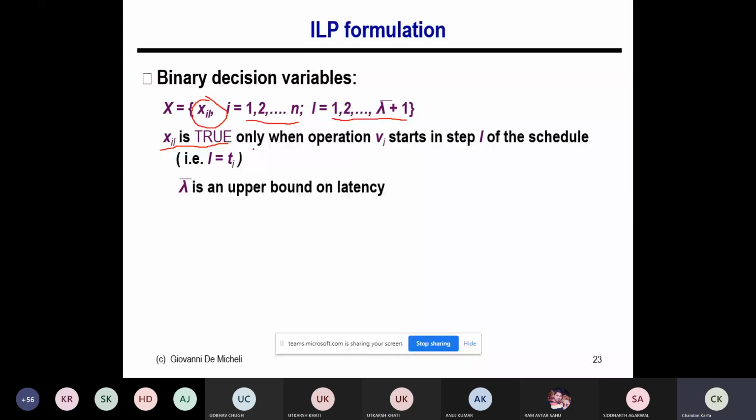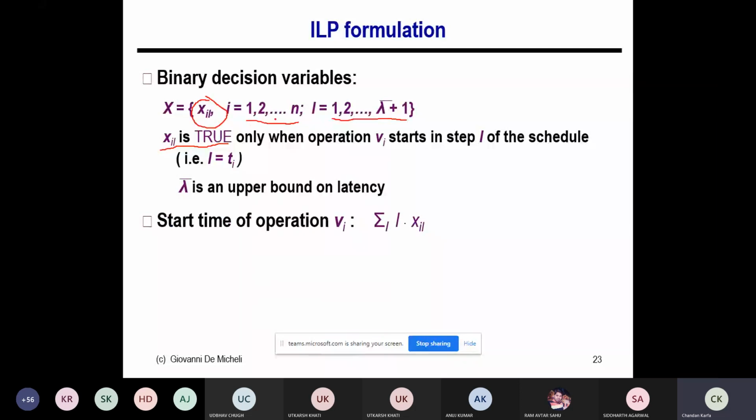Okay, so we'll assume this binary variable, or Boolean variable, is 1 if a particular operation vi is scheduled in time step L, otherwise 0. This is the variable, and we want to find out the value of this particular variable, right? That is what we try to obtain, and we have already discussed that.